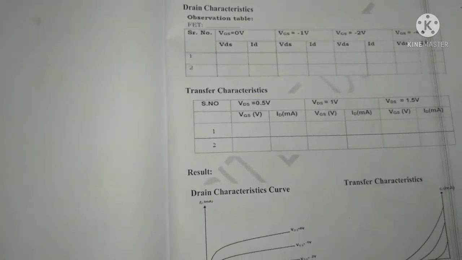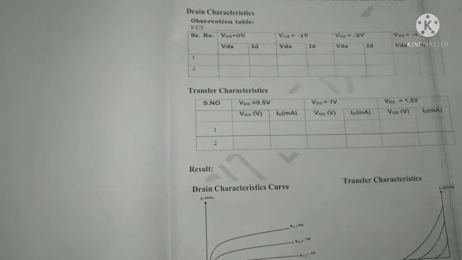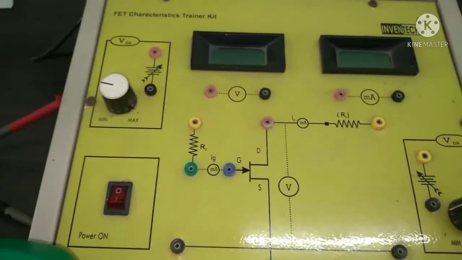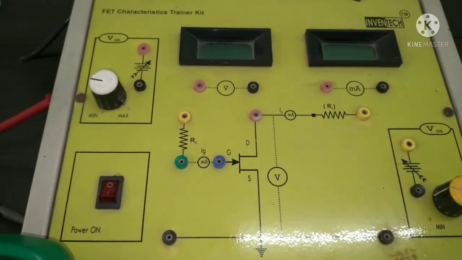So this is the transfer characteristic. For different drain source voltages we have to find the relation between gate source voltage and drain current. For that purpose I am going to connect according to this circuit.